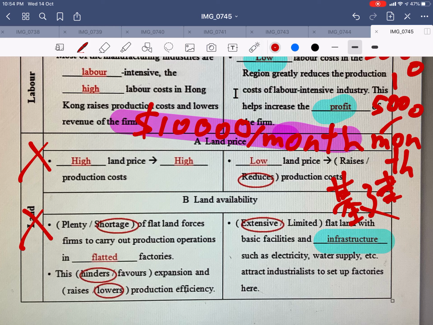So in general, the condition is good, as well as the flat land. The production environment in the Zhujiang Delta is quite pleasant and decent, so most of the factories are going to set up their factories there.